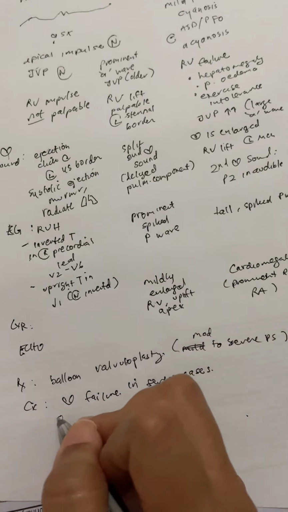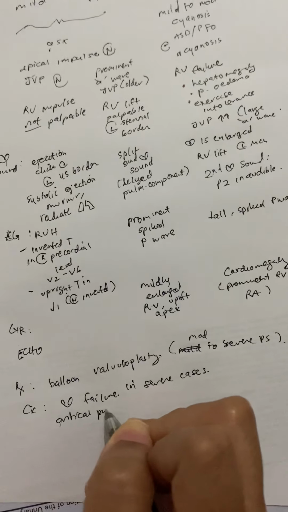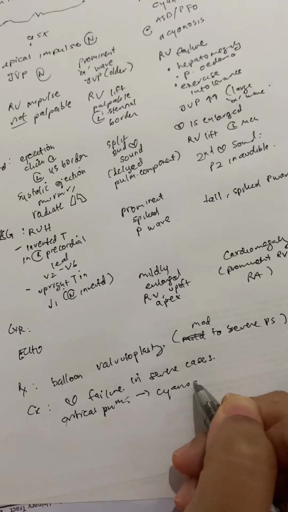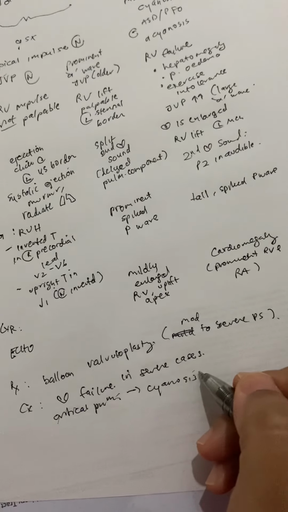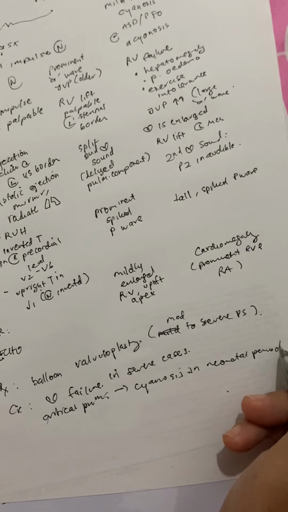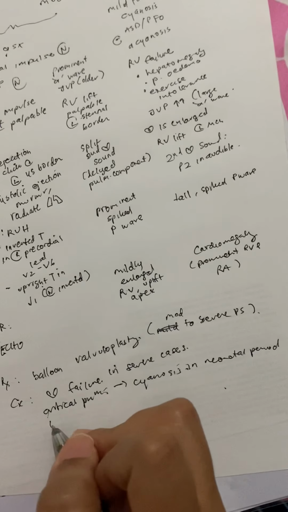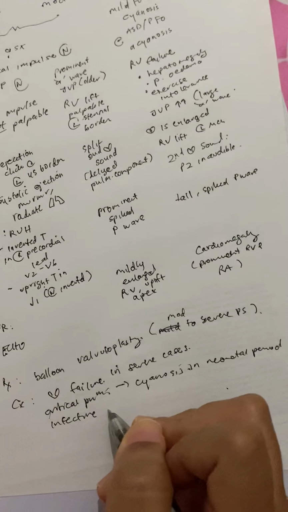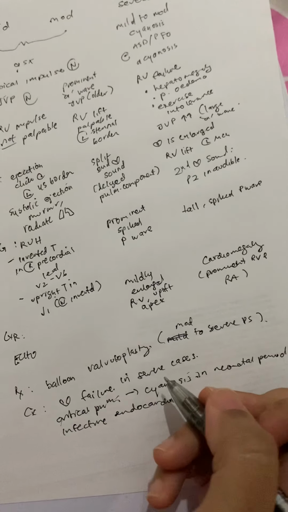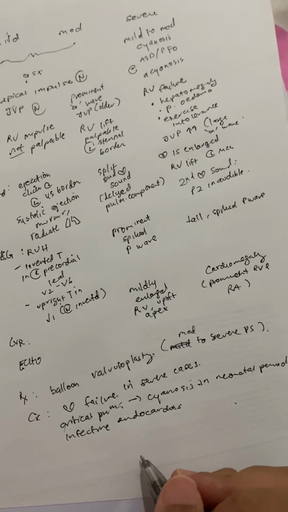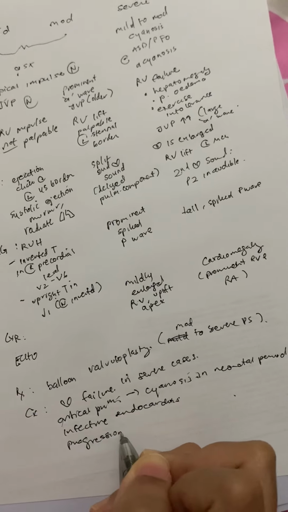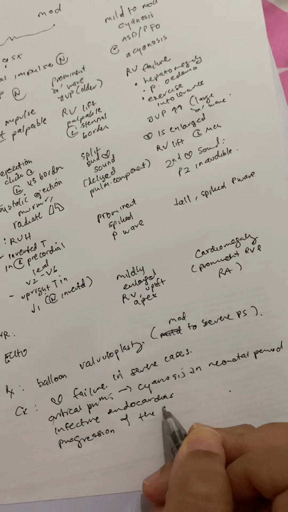For critical pulmonary stenosis, there will be cyanosis in the neonatal period, and there can be infective endocarditis, and there can be a progression of the stenosis.